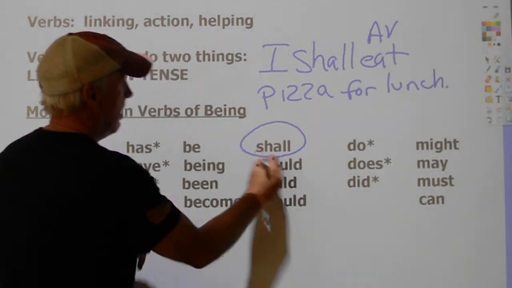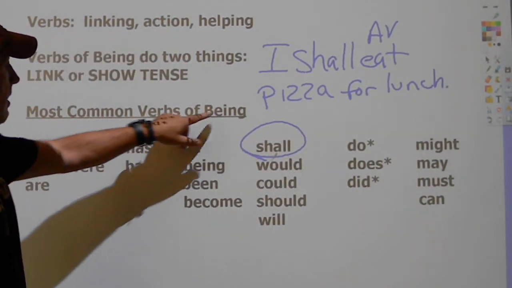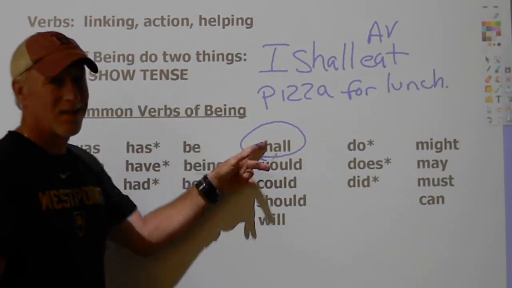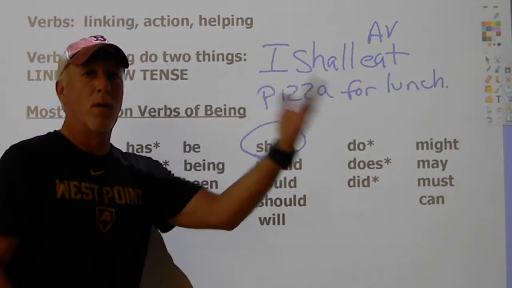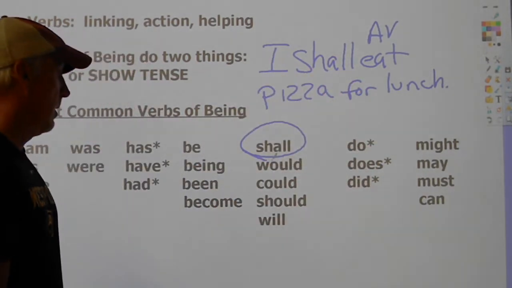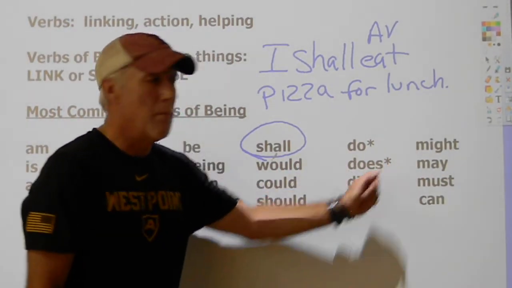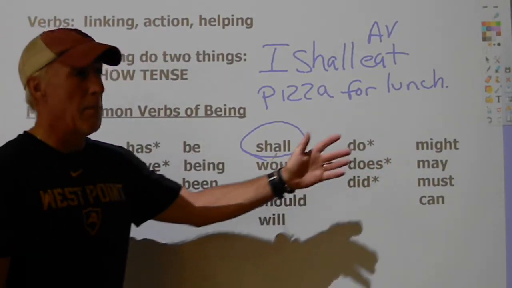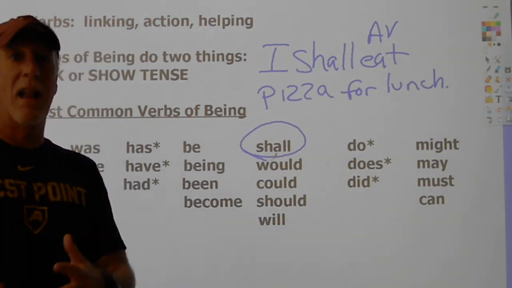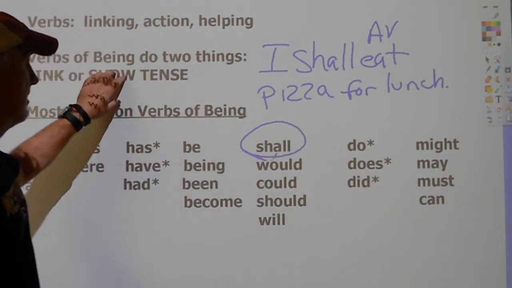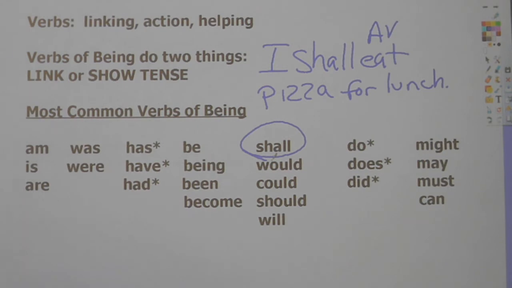Shall, it's a verb of being, okay? But here it's showing tense. I shall eat. I will eat pizza for lunch, okay? I might eat pizza for lunch. I may eat pizza for lunch. I must eat pizza for lunch. I can't, okay? It's showing tense, okay?